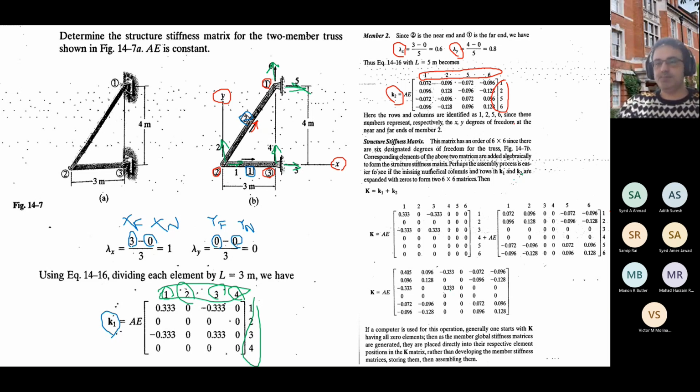And then, when you finish assembling these 4x4 stiffness matrices for the different elements, you need to put the individual 4x4 matrices into the bigger matrix for the whole structure. This is the stiffness matrix for the whole structure.